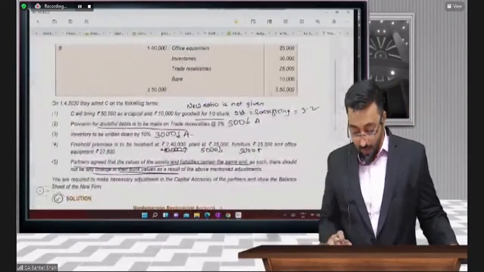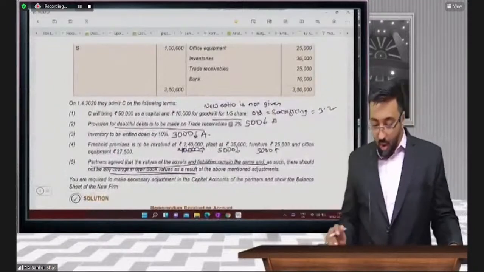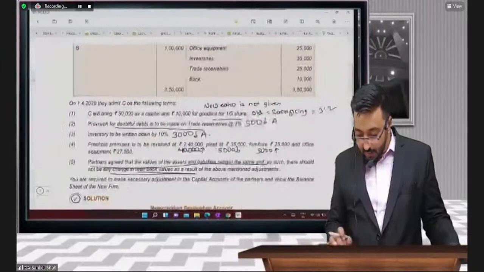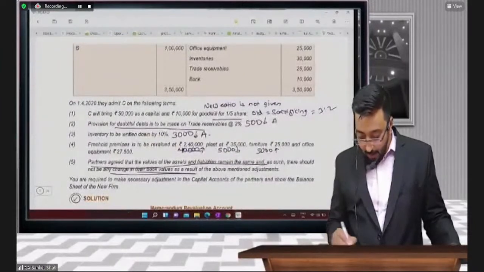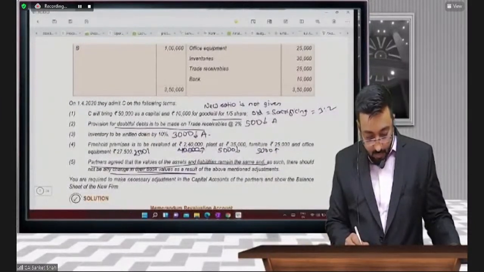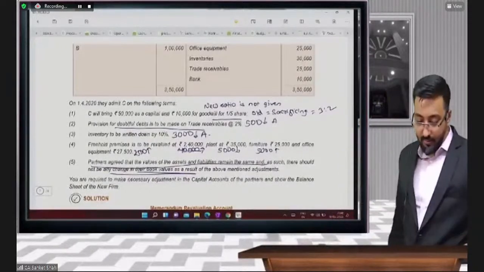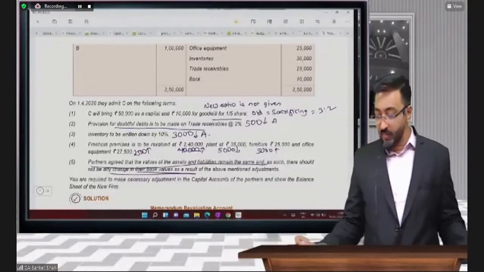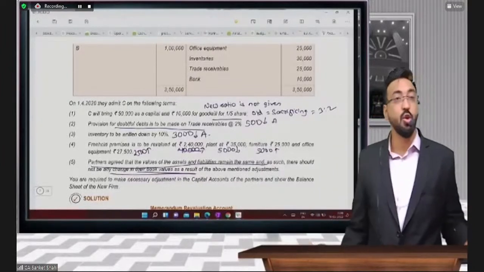Okay, beta. Then office equipment 27,500, so 2,500 increase. You are required to prepare necessary adjustments in the capital account and show the balance sheet of the new firm.